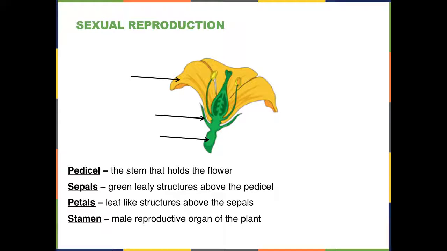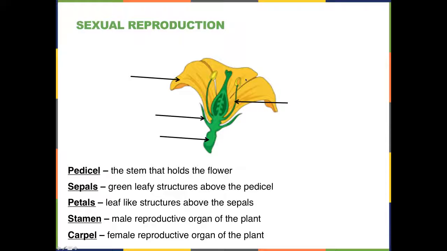And then the male and female reproductive organs, many flowers have both. The male reproductive organ is called a stamen, and this whole section from here all the way up to here is one stamen right there. And then the other is called a carpel.